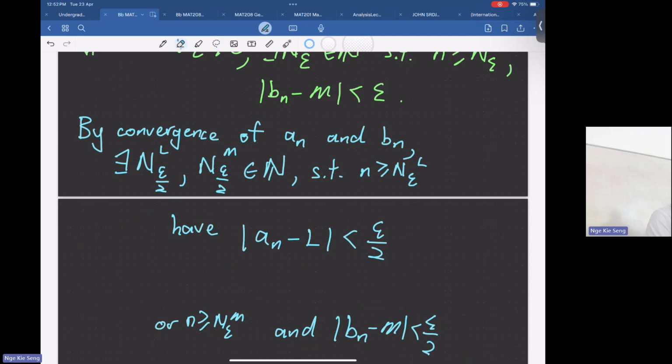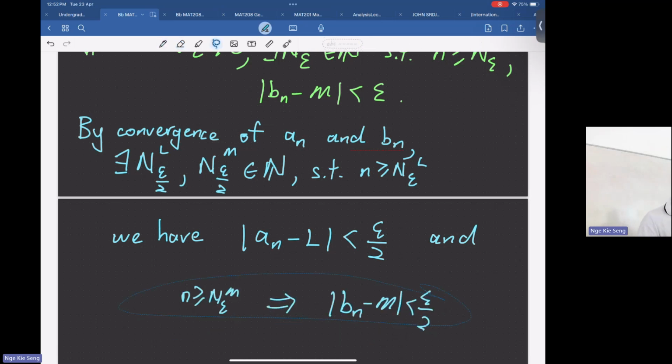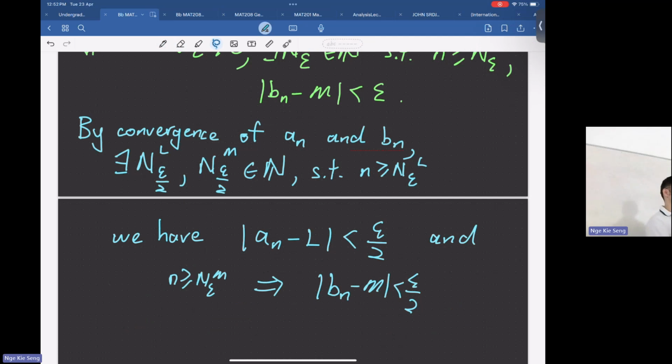This one greater than that, we have this and this one imply this. I think writing it this way is better. Just now I think there was a problem. I was just trying to be lazy. Yeah, this is what I meant.